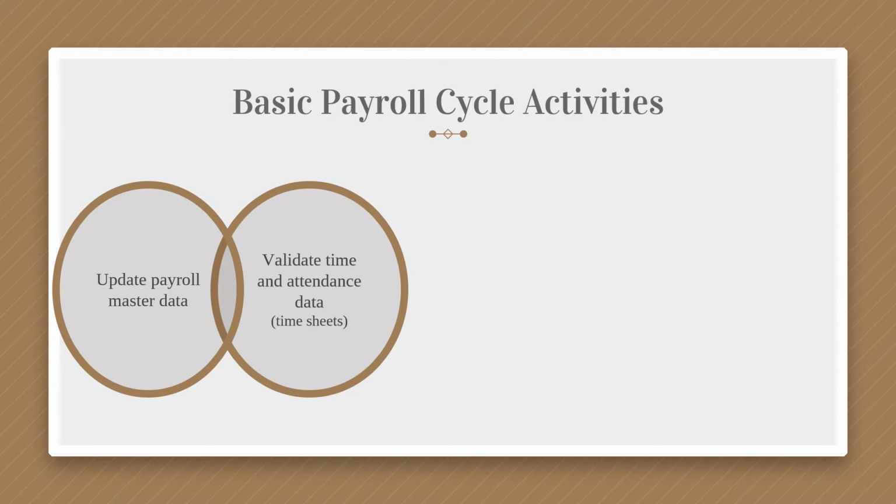Then the second activity is to validate the time and attendance data based on the timesheets or the time card for each staff: time in, time out, punch in, punch out. All of this information will be the validation process of the attendance.